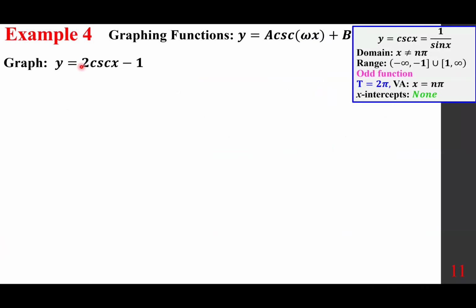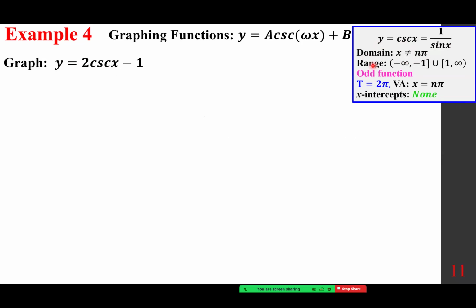Let's look at y equals 2 cosecant x minus 1. And again, I'm reminding you y equals cosecant x is 1 over sine.